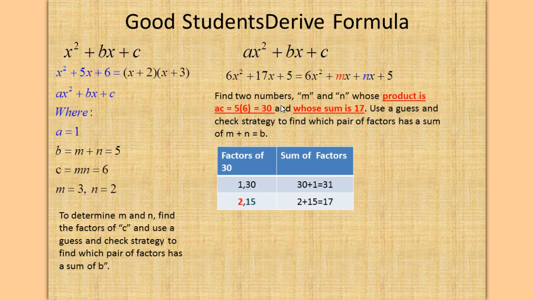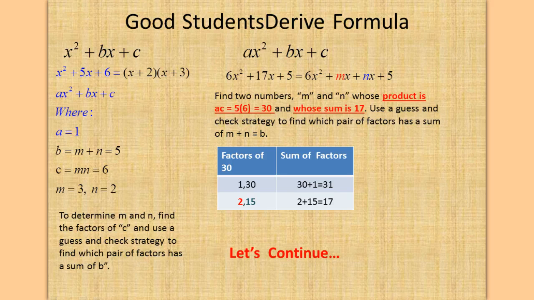Okay, so to find the factors of 30, we ask, what are factors of 30? Well, 1 times 30 is 30, so 30 plus 1 is equal to 31, and we're looking for a b of 17. 2 times 15 is 30, those are factors, and when we add 15 and 2, we get 17, and that's what we're looking for. Okay?